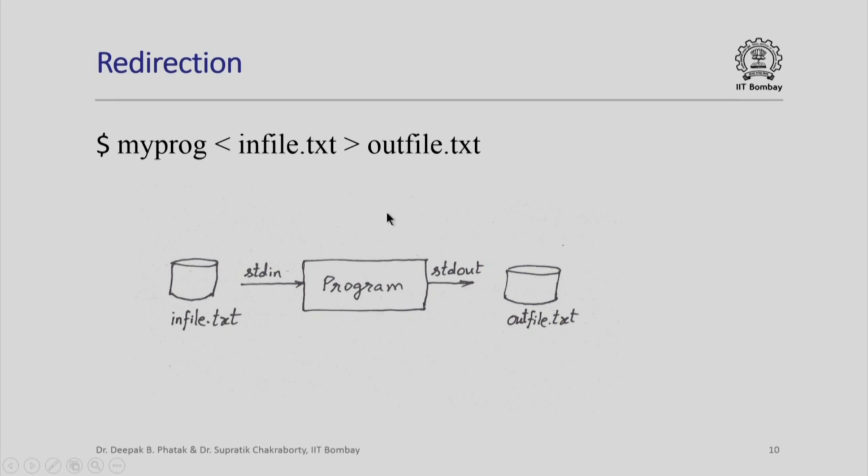In short, this is how the redirection will be implemented. Our program which reads data from STDin will now instead read it from infile.txt, and our program which produces output on STDout will actually write it to outfile.txt.